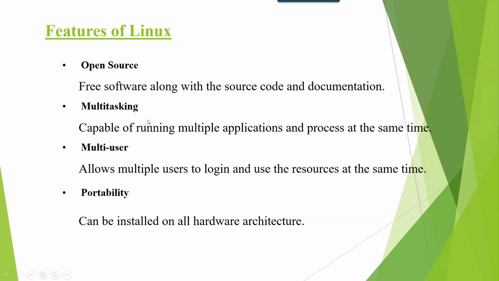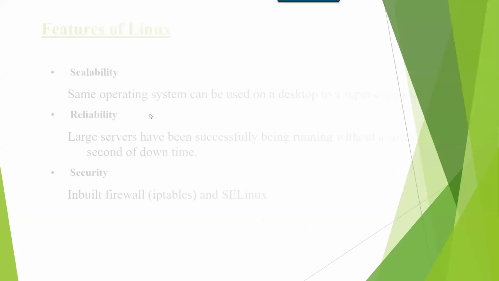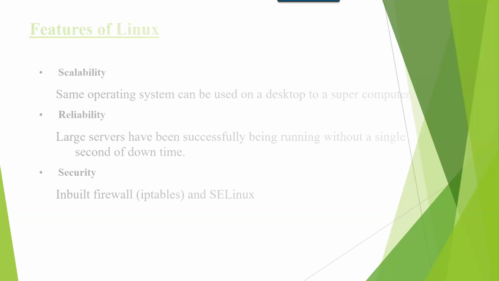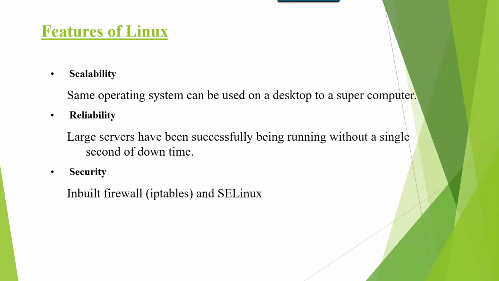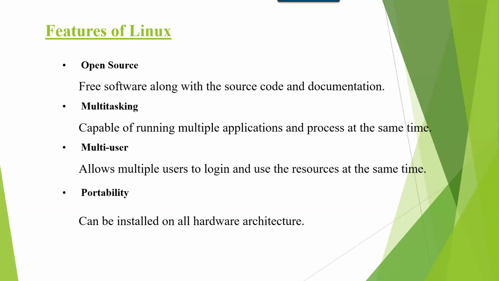The next one is portability, meaning it can be installed on all hardware architectures. We don't require any special hardware environment; it works with any hardware environment. For example, to install AIX we need IBM architecture and IBM hardware components.